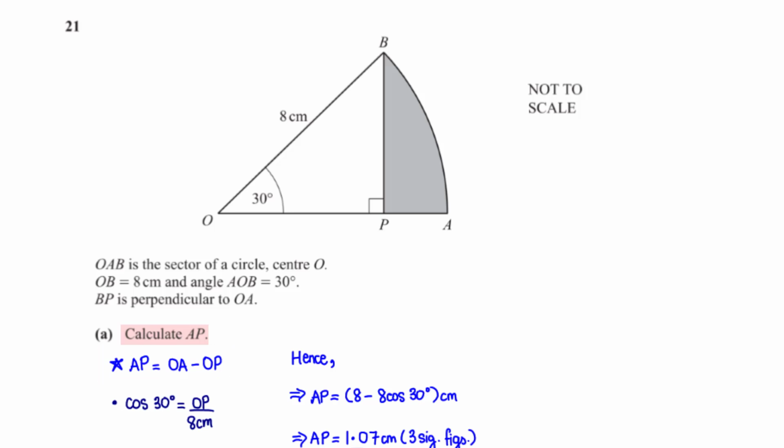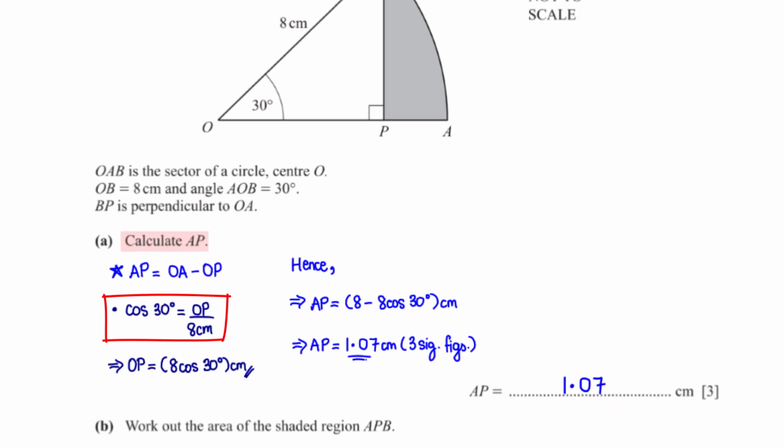OA is the radius, and so it has the same length as OB, which is 8 centimeters. Let's find OP. OP is the base of the right-angled triangle OBP, so we can easily find the length of OP by applying SOHCAHTOA. This gives us cos 30 degrees equals OP divided by 8 centimeters.